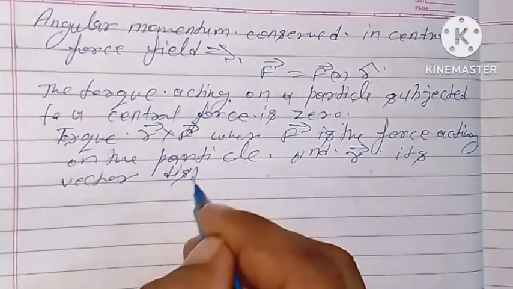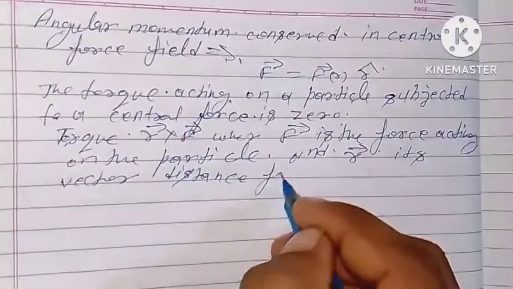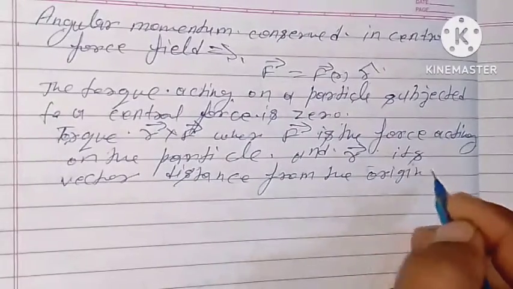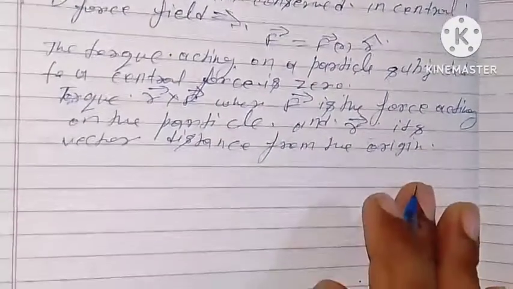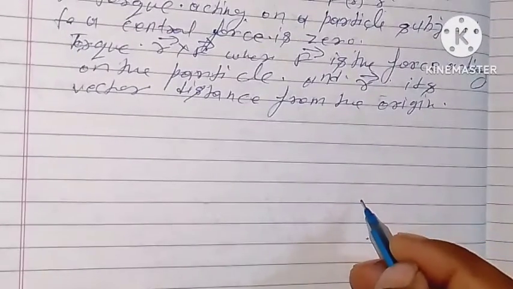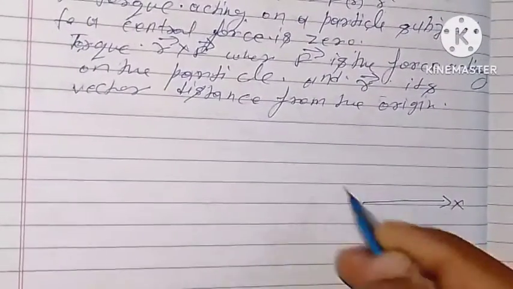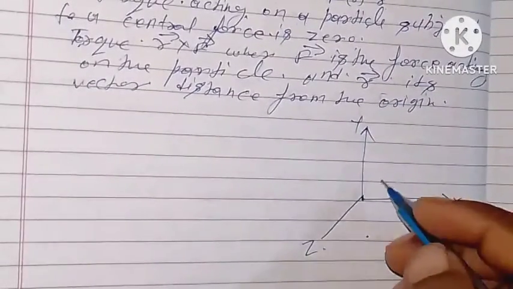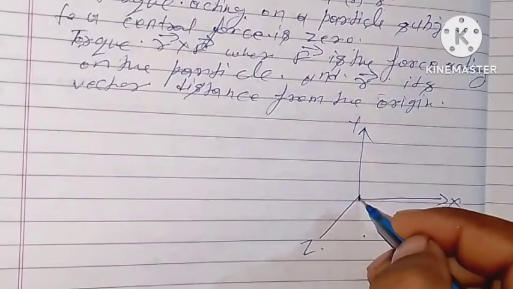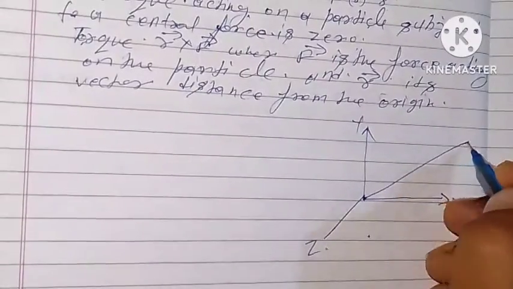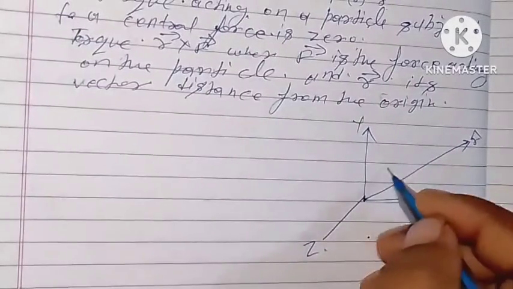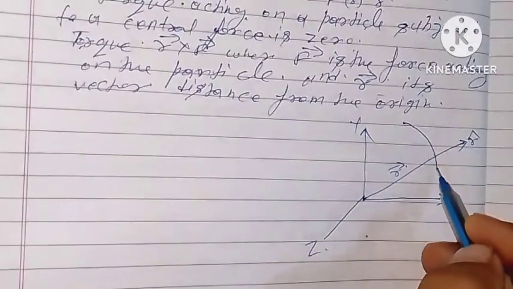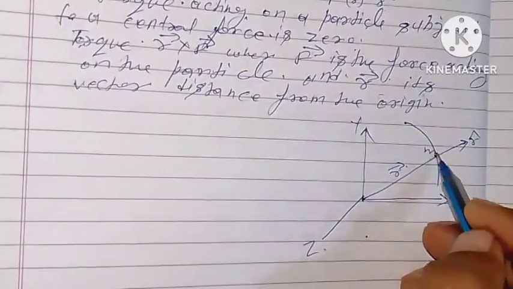This is the x-axis, this is the y-axis, and this is the z-axis, and this is the unit vector r and position vector r, and this is the particle m.